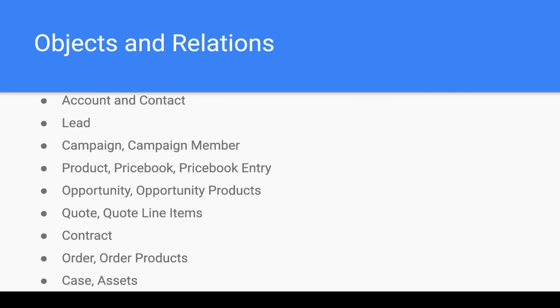Usually if you are in the business of selling products, or if you are in the business of servicing some company, then these will be customer support requests. And assets are used to represent all the products, and if you are linking it from a case, usually it is used to identify which product the customer is complaining about.